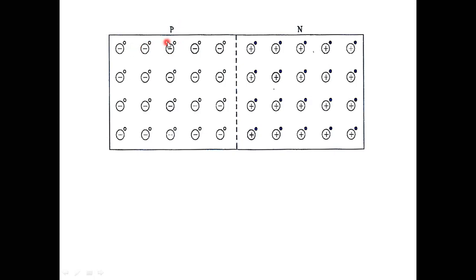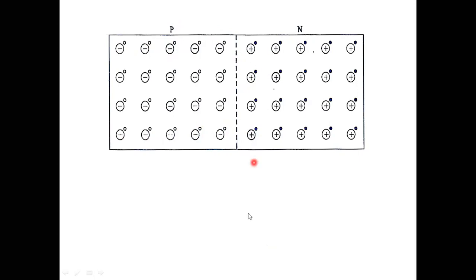Here, half of the semiconductor is doped with trivalent impurities to become p-type, and the remaining half with pentavalent impurities to become n-type. The same process continues whether it is a PN diode or a Zener diode.